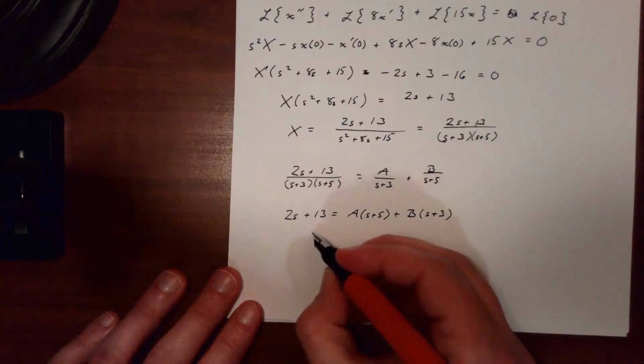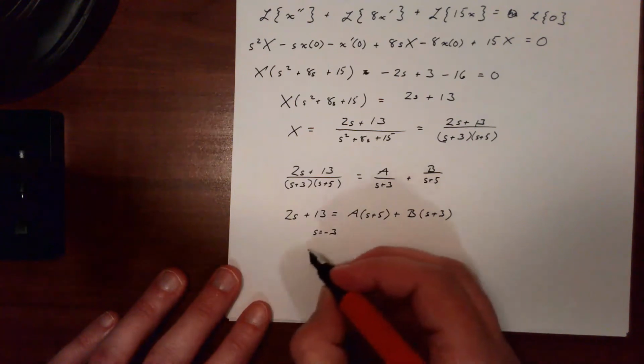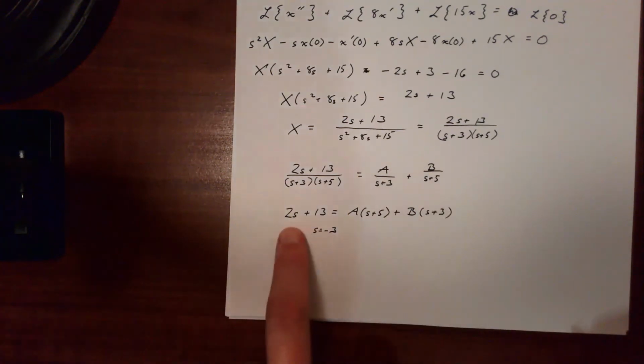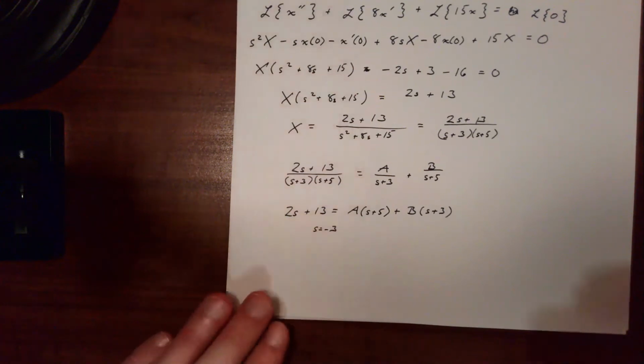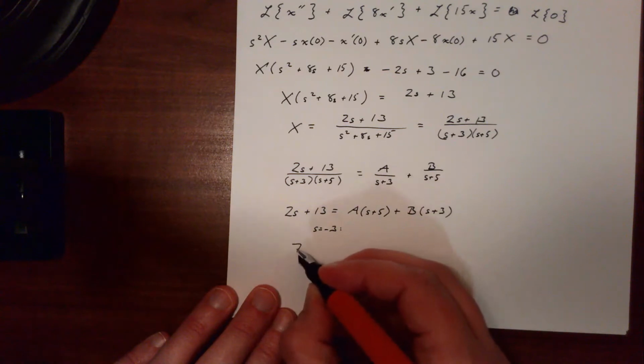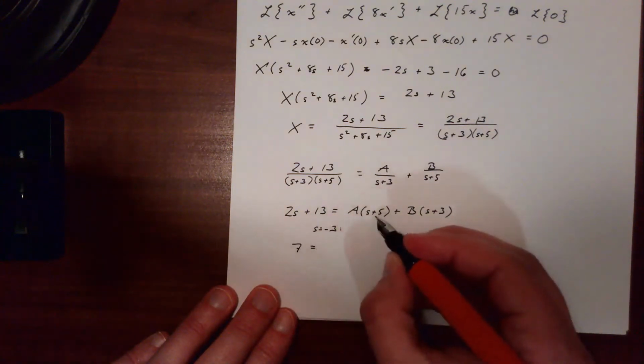Now, if I set s equal to negative 3, so as to isolate just the a, then what will I have here? I'll have negative 6 plus 13 is going to be 7 equals, so if I put that, it's going to be 2a.